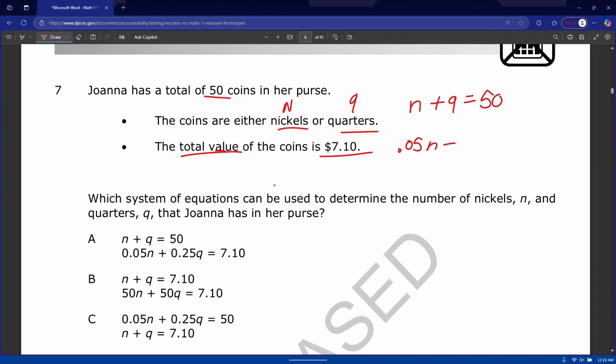Okay, now we add 25 cents, because that is the value of q, quarters, and we add a q because you are multiplying the number of quarters by its value, just like we did with nickels. Okay, and that equals $7.10. Is there an equation that matches this? Yes, there is, and that equation is A.